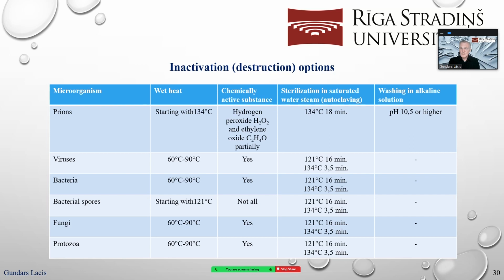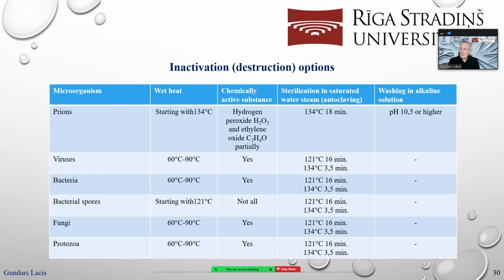And that is why all over the world, for bacterial spores, we are using a temperature of 121 degrees Celsius with an exposure time of 16 minutes, and actually it's called autoclaving.